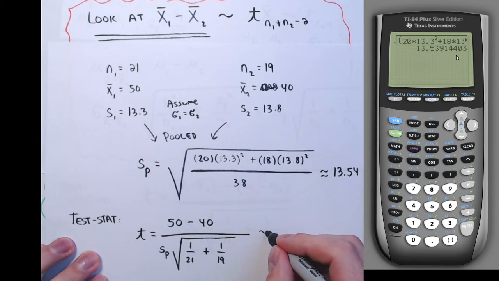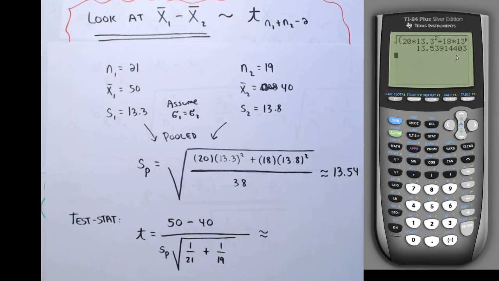And let me round this to 2 decimal places after. So on the calculator, my numerator is 50 minus 40, divided by, and since there are two factors being multiplied down here, I'm going to put the denominator in parentheses. The Sp is my previous answer, so I go second, then the answer key.